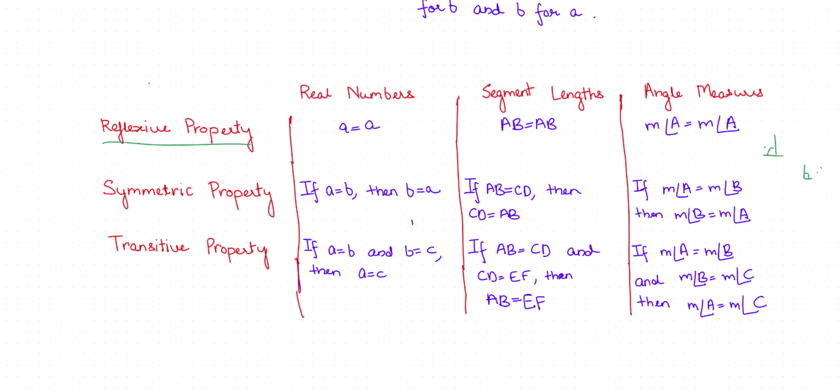Symmetric property is like if A is equal to B, then B would be equal to A.